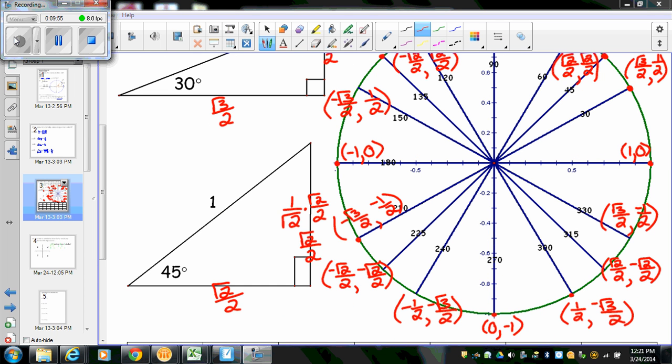Okay, so I want you to pause the video again and double check that all of your measurements from 180 degrees around to 360 degrees, that your coordinates match my coordinates.